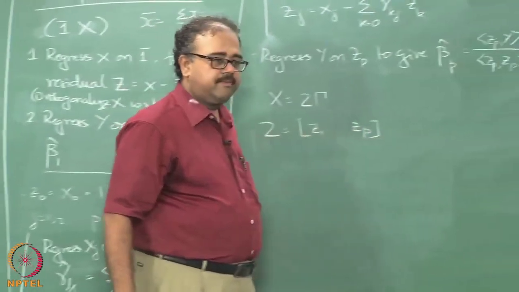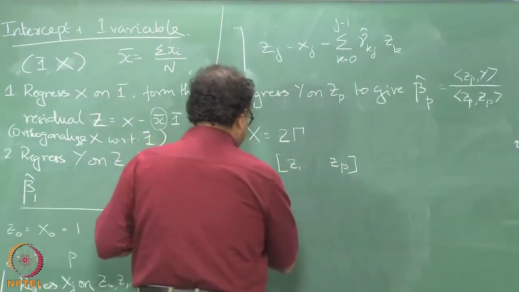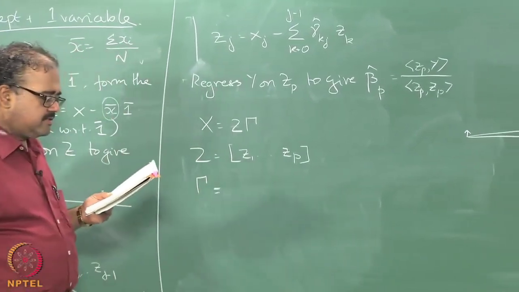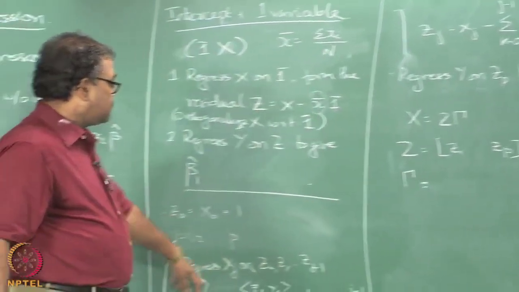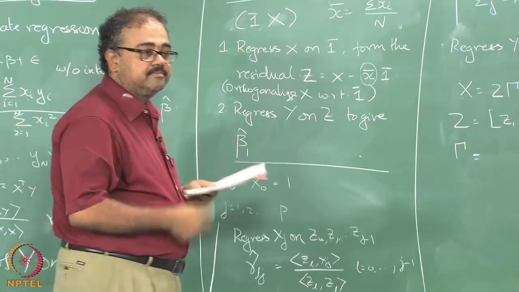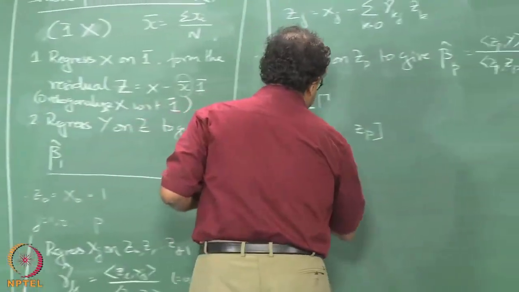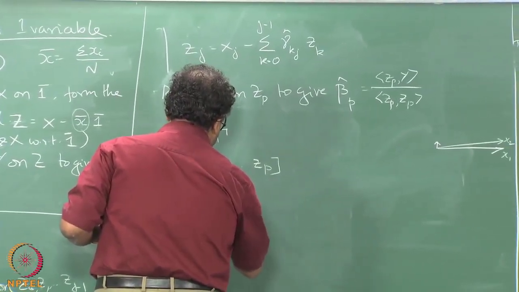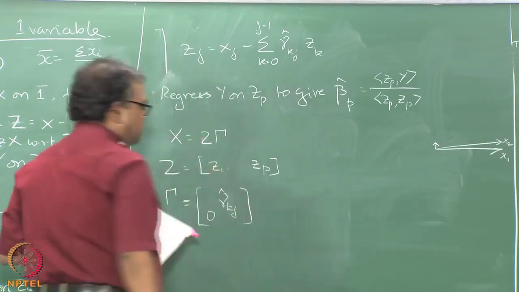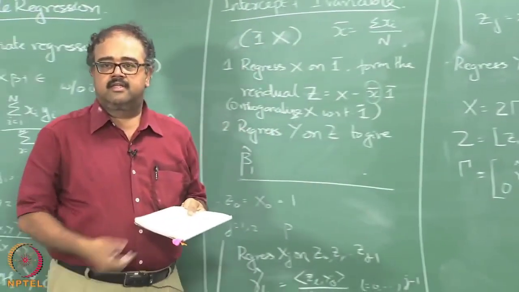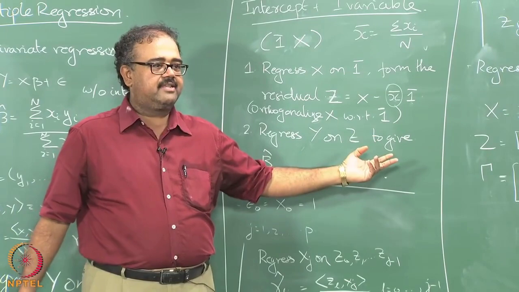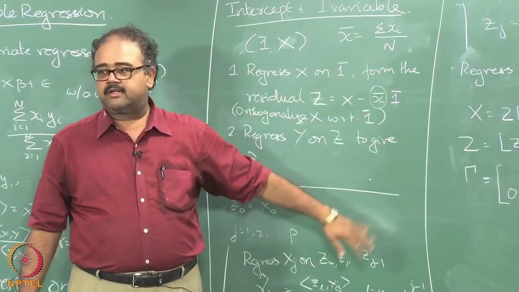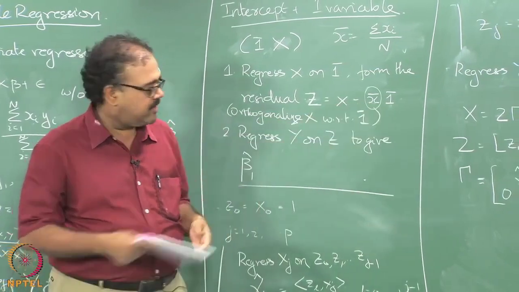So I will take this Z1 to Zp as the columns, and gamma is the matrix where I store all my gamma hat kj. So it's an upper triangular matrix. For every combination kj I will have one gamma hat value, I will just put it in the upper triangular part, and the lower triangular side I will just keep as 0. So an upper triangular matrix there.